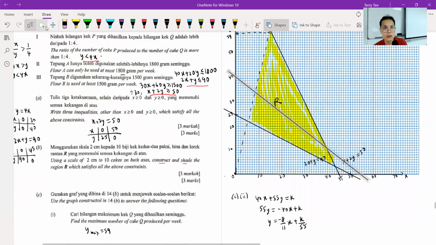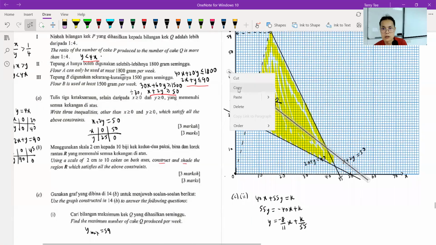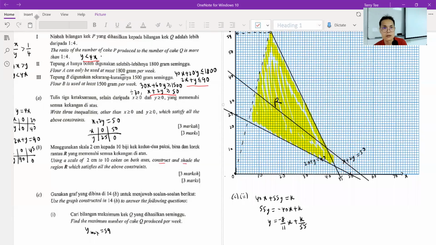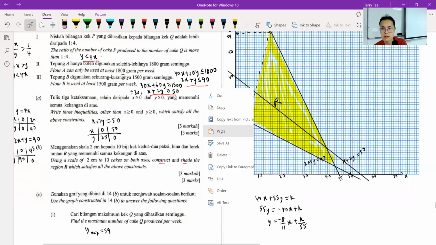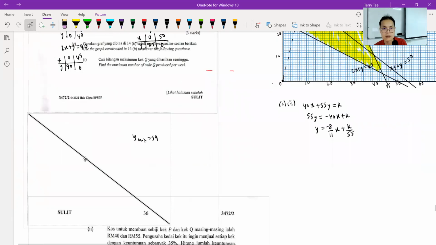I'm gonna copy this. Yeah. And paste it somewhere here. Okay, let me try to paste it here. Okay, so I paste a line.